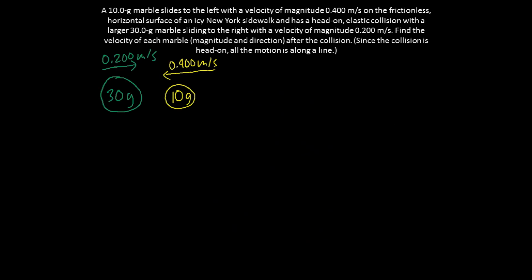Okay, so we're going to solve this last problem, and this is about elastic collision. So let's read the problem. A 10-gram marble slides to the left with a velocity of magnitude 0.4 meters per second on the frictionless horizontal surface of an icy New York sidewalk and has a head-on elastic collision with a larger 30-gram marble sliding to the right with a velocity of magnitude 0.2 meters per second.